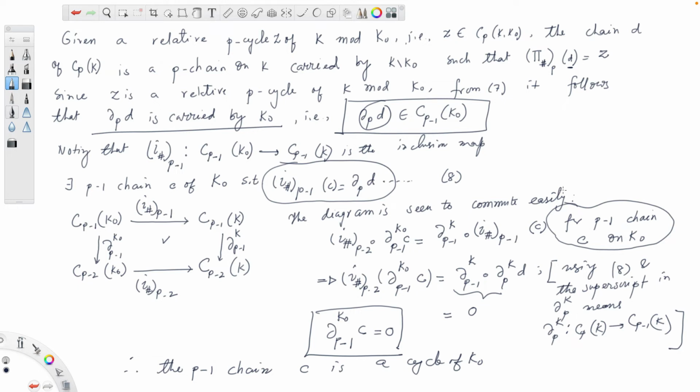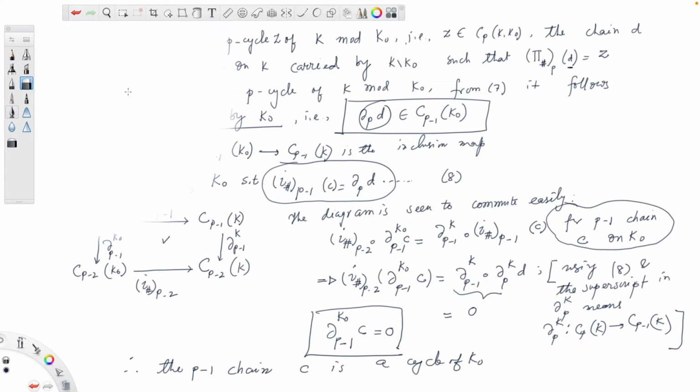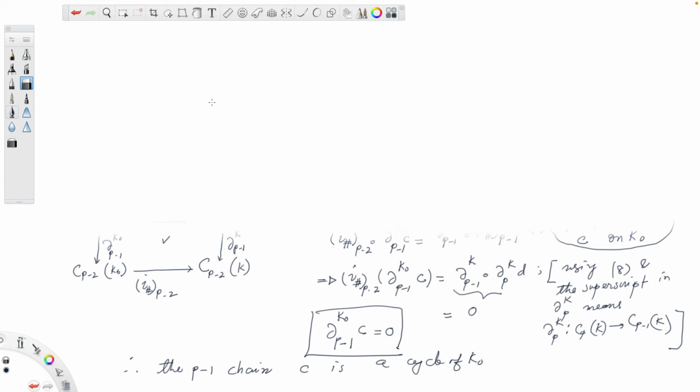I need some room. Let me raise this front part. I try to draw this diagram. So we started with a cycle, right? z belongs here.